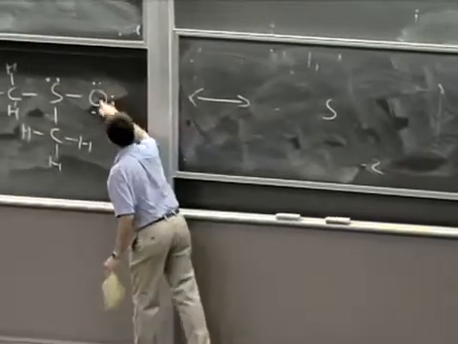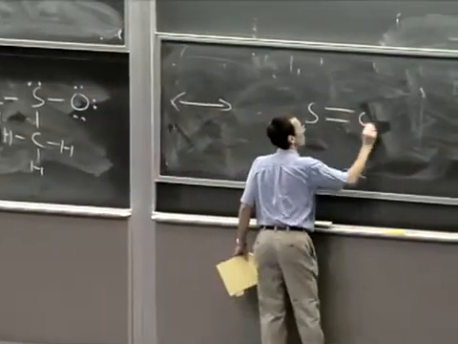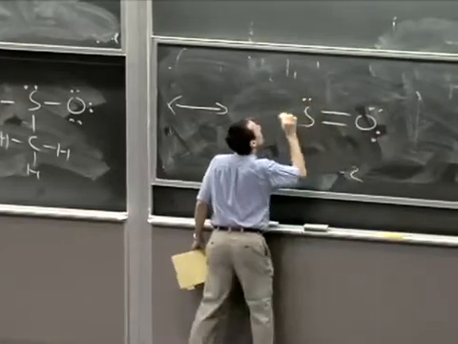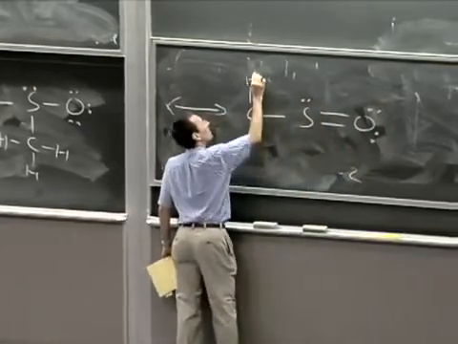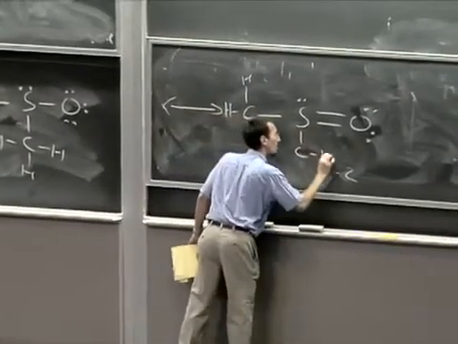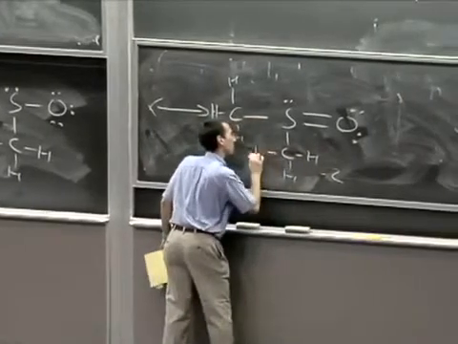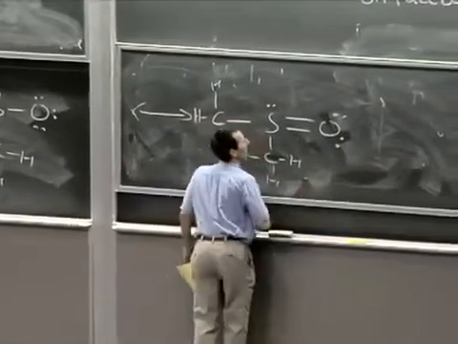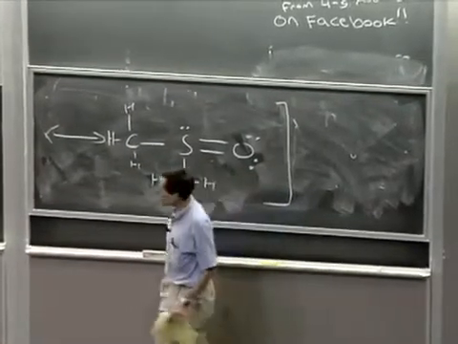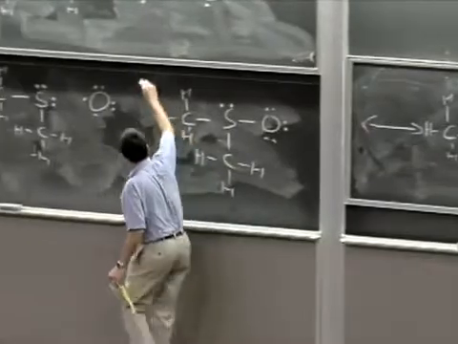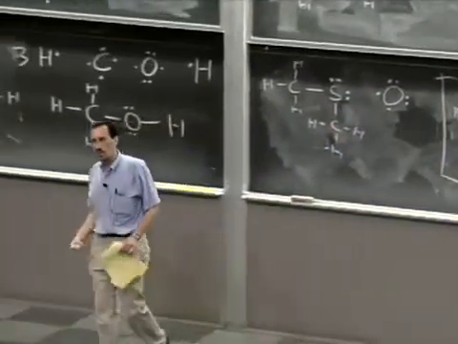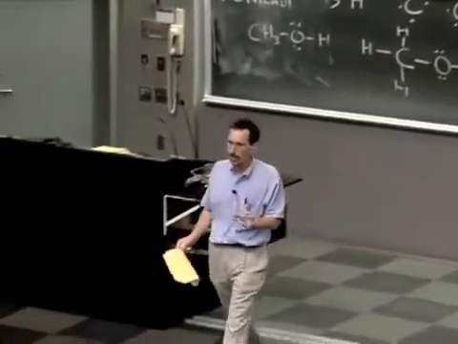We would imagine sharing this pair of electrons. And together, these two structures, which I'll put in a big, big pair of brackets, are going to make up a more complete structure of the molecule.